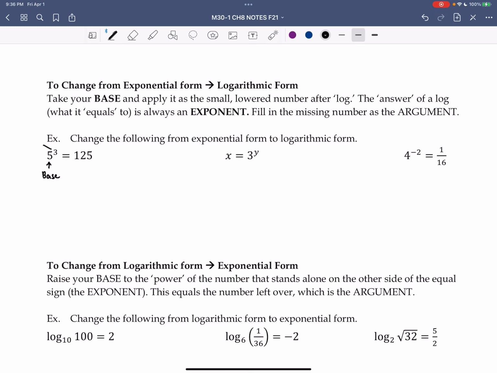The exponent is 3. And the argument is 125. We're going to write log and then the base, which is 5. Log base 5 of the argument 125 equals the exponent 3. Now it's in log form.